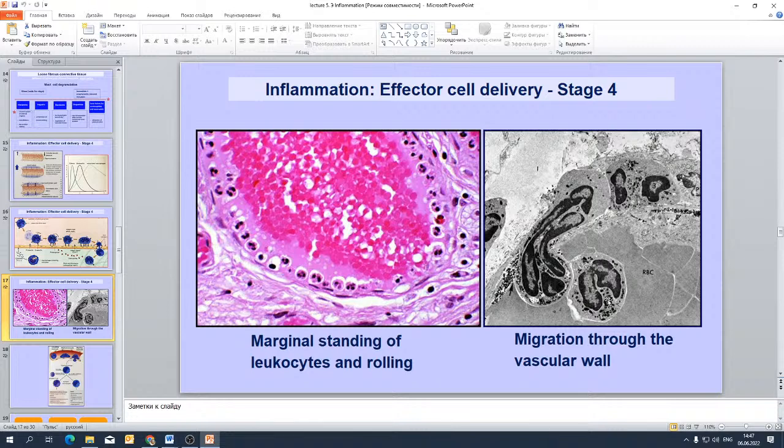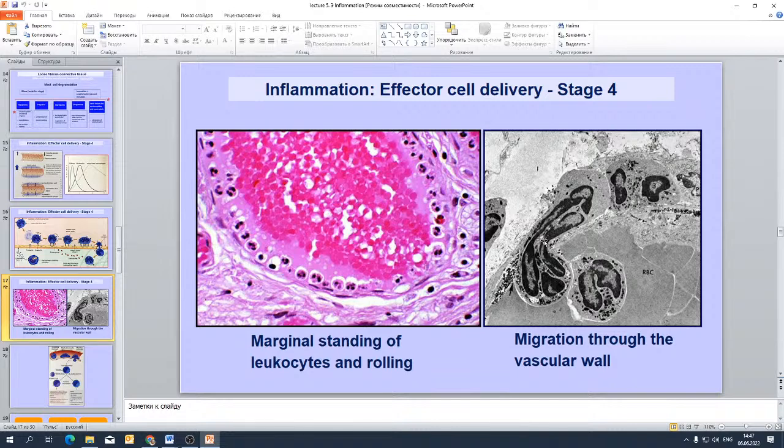In the center of the vessel is leukocyte number one, and around it a lot of erythrocytes, and its nucleus is similar to that of lungs.